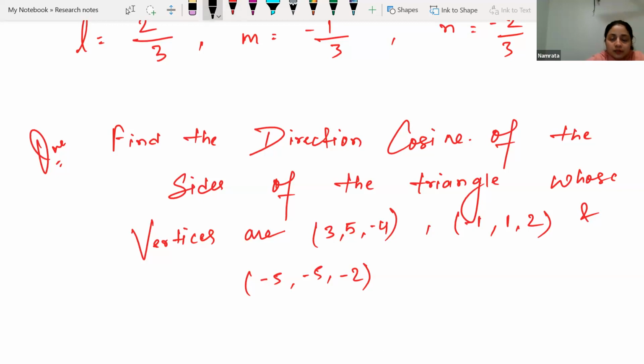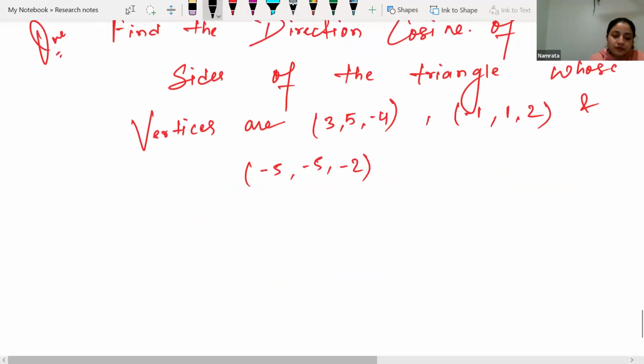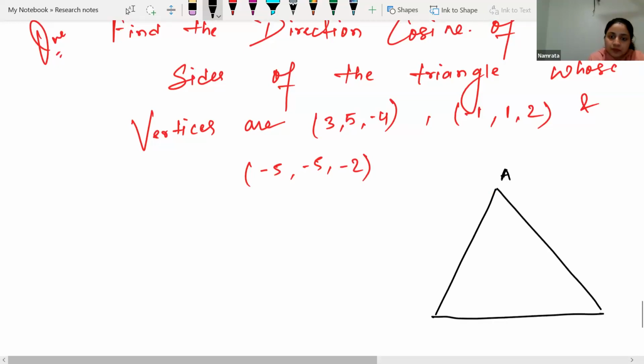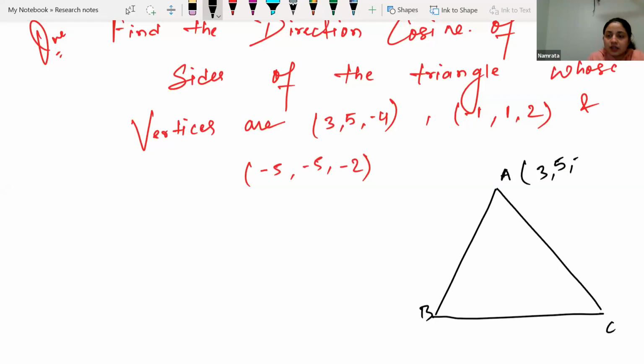Let's draw a triangle. Let's say the name of the triangle is ABC. One of the vertices is given as A (3, 5, -4). Another vertex is given as B (-1, 1, 2).